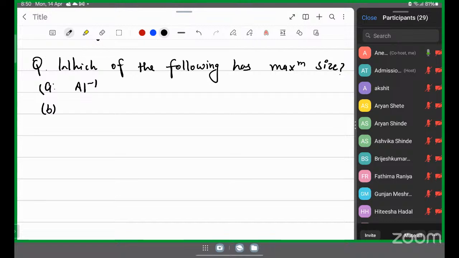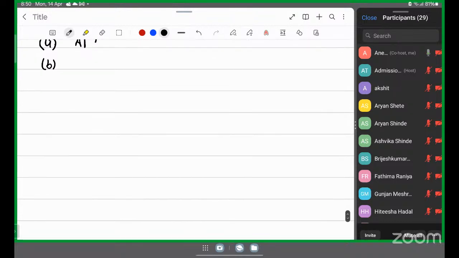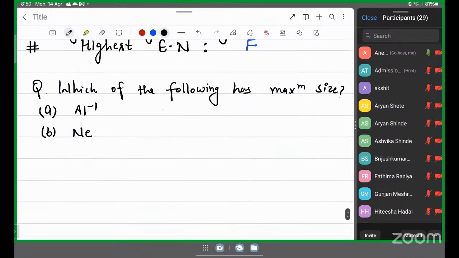Option B, neon Ne. Option C, sodium Na plus. And option D, fluorine F minus. Which will have the greatest size or which will have the maximum size?